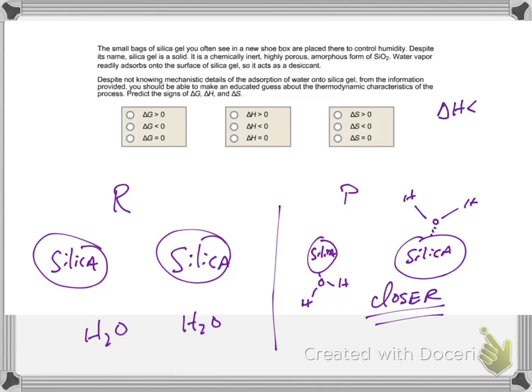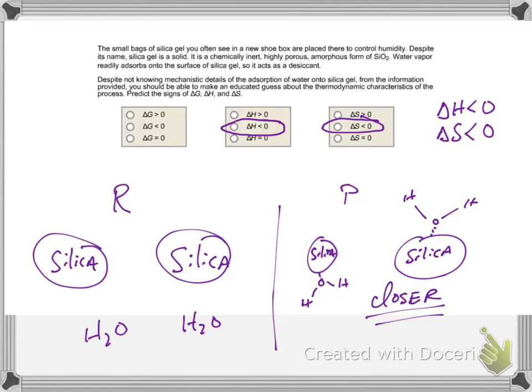And so if that's the case, we would say the products have lower potential energy, and so delta H would be less than 0. We also see that the particles are much closer, meaning there's a lot fewer configurations because the water in the atmosphere is now sticking to the silica. So delta S is also less than 0 for this process. So we would pick these two answers.